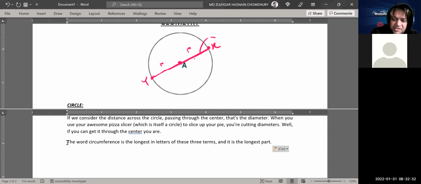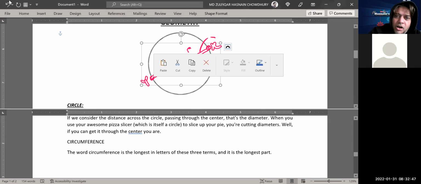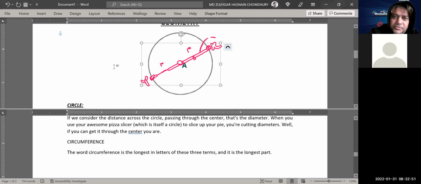What is the largest? The circumference. Circumference is the distance from one point around the circle to the same point.